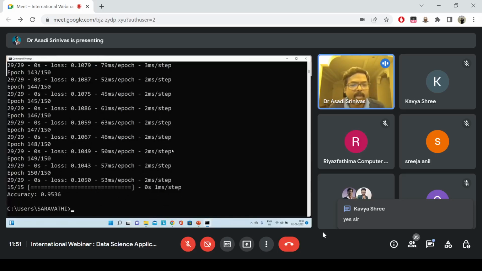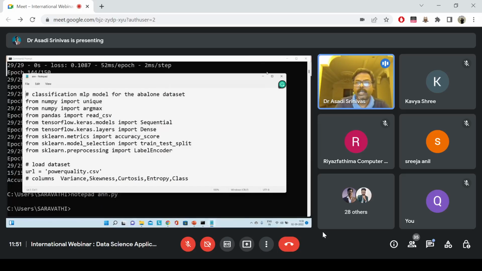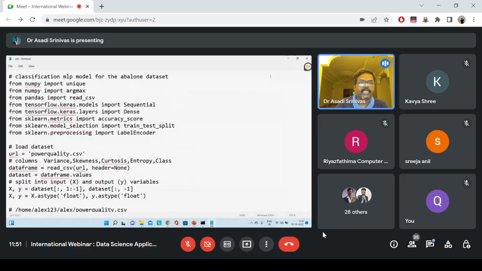Okay. So if you want to see the code of ANN, notepad ann.py. I'm using a health data set.